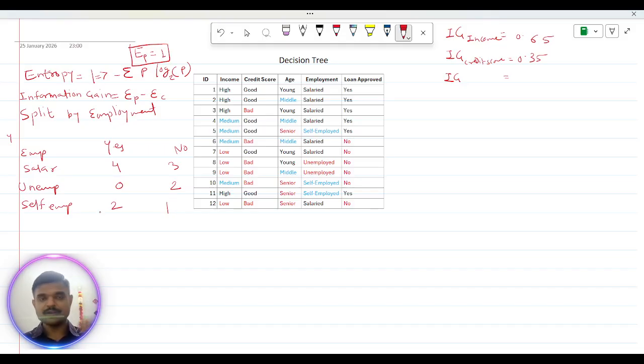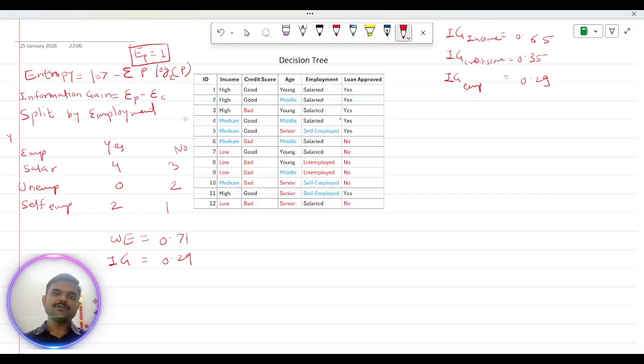So if we calculate, the weighted entropy is 0.71 and information gain is 0.29. You can write down here, information gain of employment is 0.29. So 29% information is gained by the employment column, right?